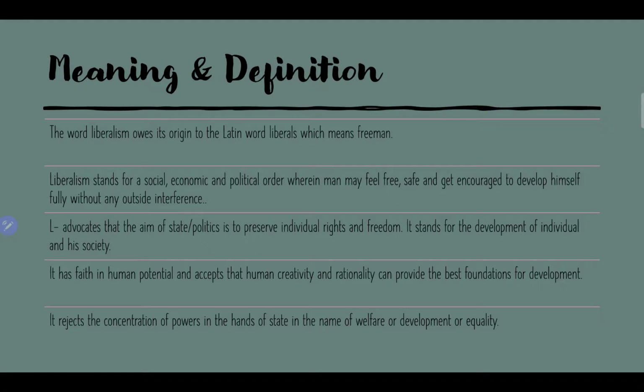Now moving forward, let's understand the meaning and definition of liberalism. First, the meaning. The word liberalism owes its origin to the Latin word liber, which means a free man. The word itself says that a person is free.